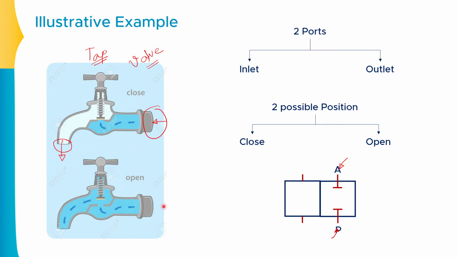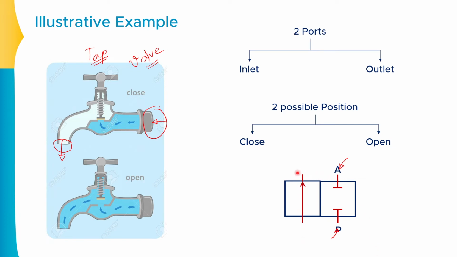Now over here, as you can observe, the flow starts from the inlet and goes into the outlet. To represent that, I need to draw one arrow from inlet to outlet, something like this.